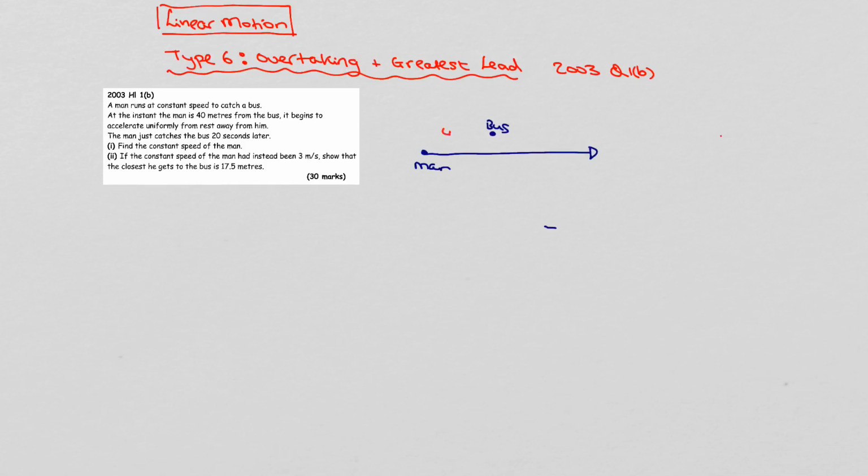In other words, we have 40 metres between the man and the bus before the bus starts to move away. And then the bus will accelerate away from the man, and at a certain point, they will catch up, or overtake.